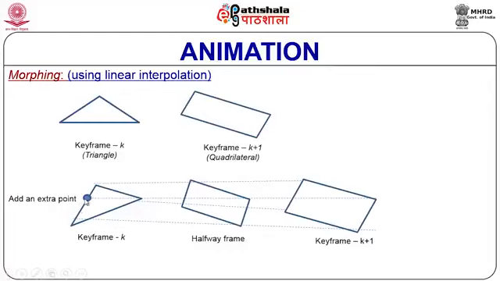This extra vertex is added on any one of the edges of the sides of the initial shape. As you can see here, it is added to one of the edges of the initial shape, so that the shape now has four vertices, which can be conveniently mapped to the four vertices of the rectangle, and you can perform a linear interpolation.